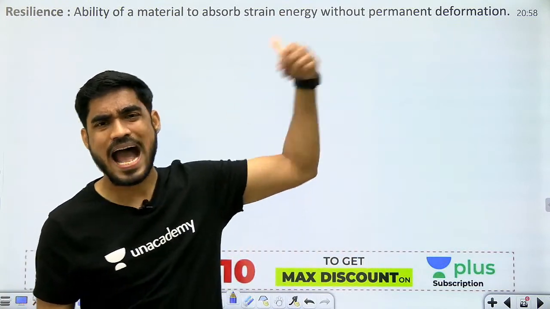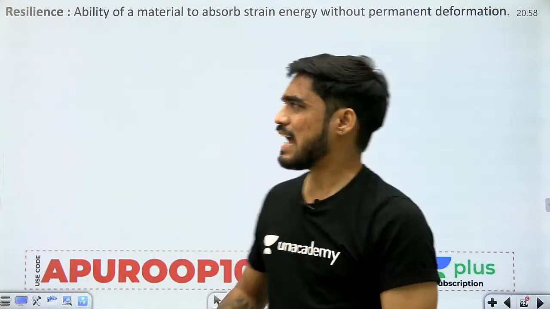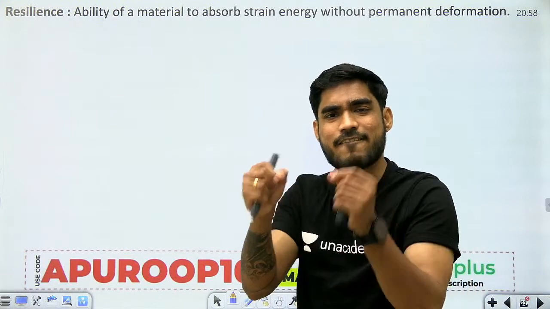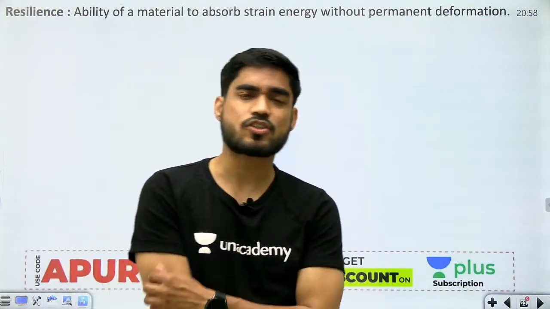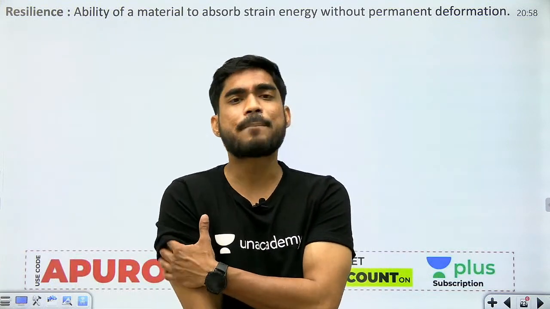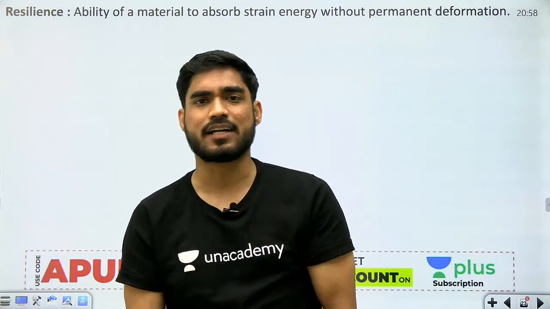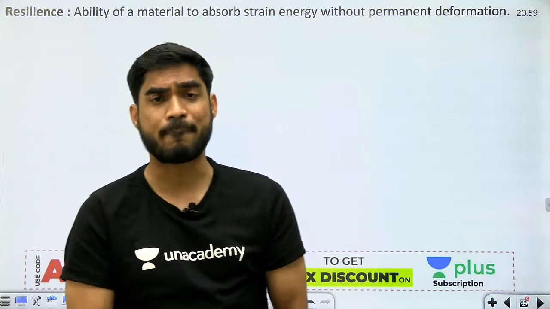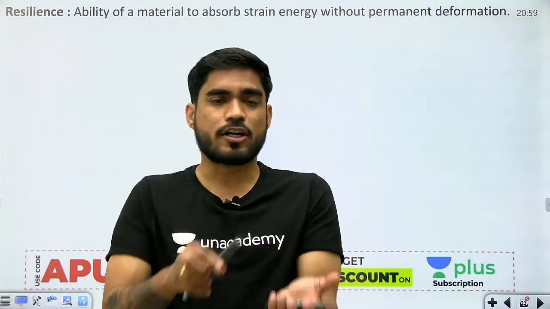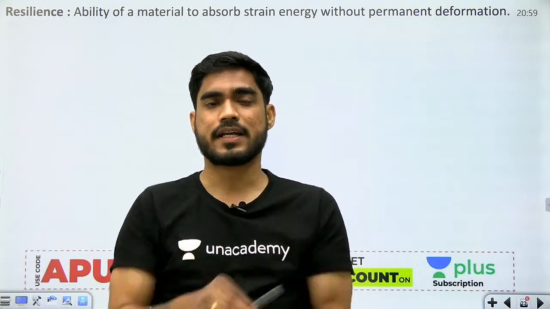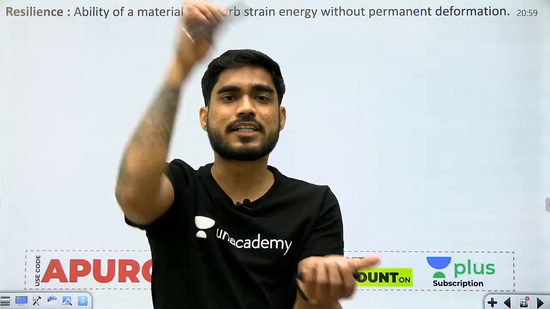Now understand why this property is important. Why is resilience important? In case of impact load or vibration or shock, what do I mean by impact load? Impact load means moving load. Static load means load which is not moving. Impact load means load which is moving.